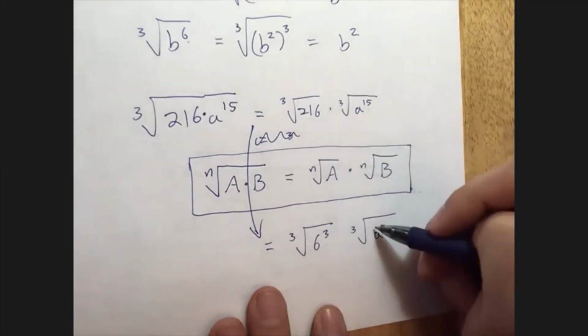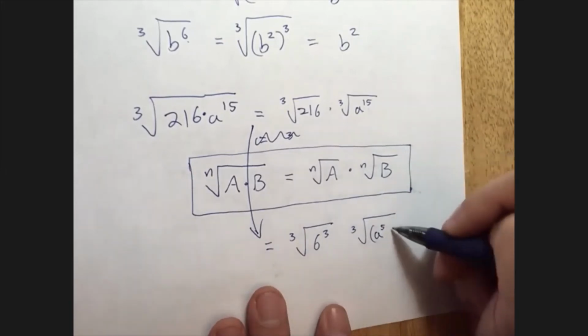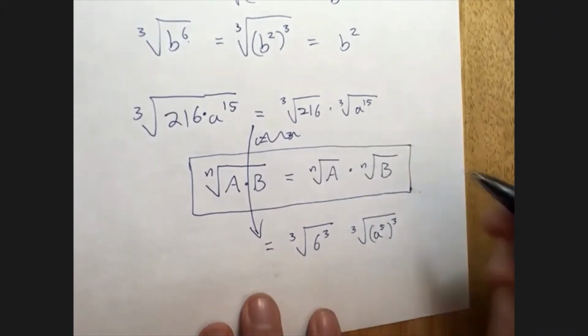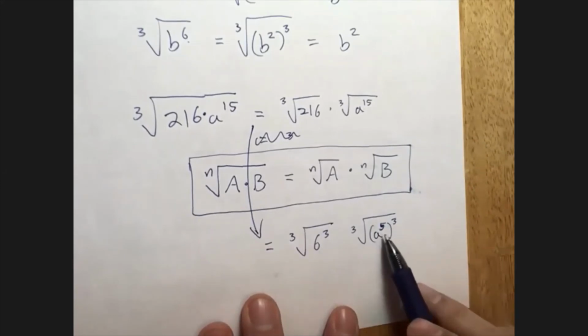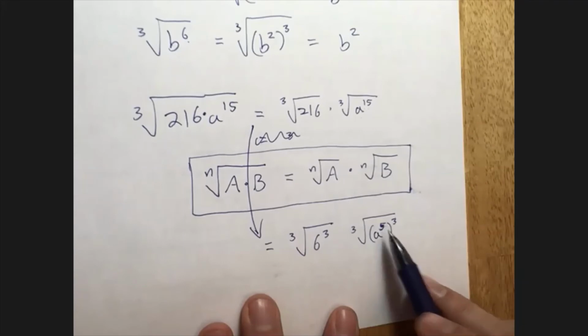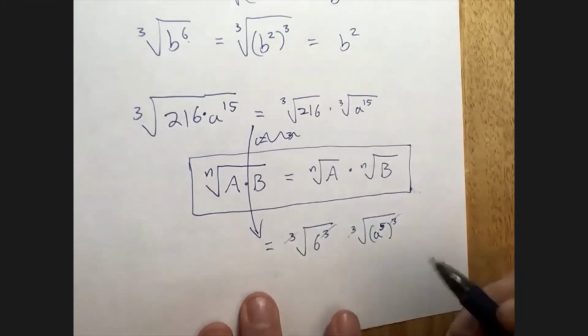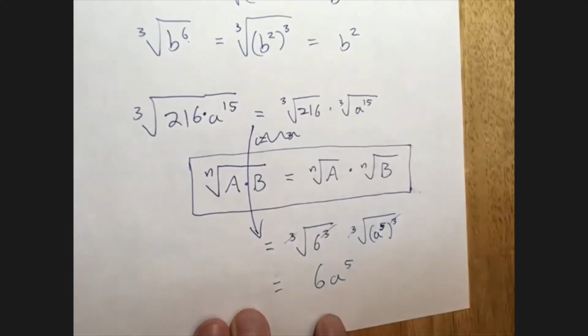Because if I multiply the 5 times the 3, I get 15. And we know how that property of exponents works, right? So that's the quantity that when cubed gives me a to the 15. So the cubed root is just a to the 5th. In other words, these things cancel out, and these things cancel out. So what I get is 6a to the 5.